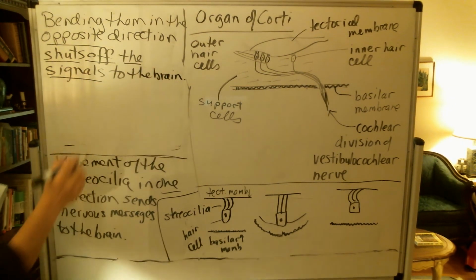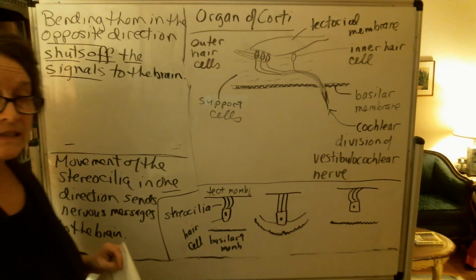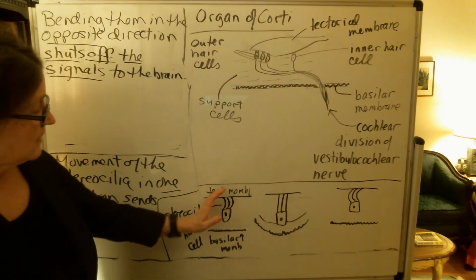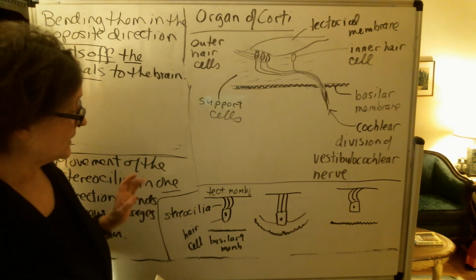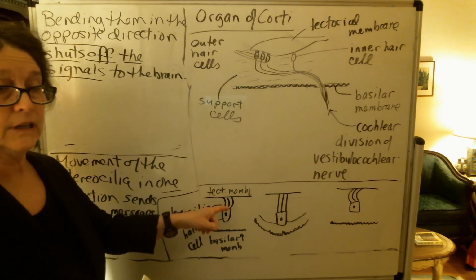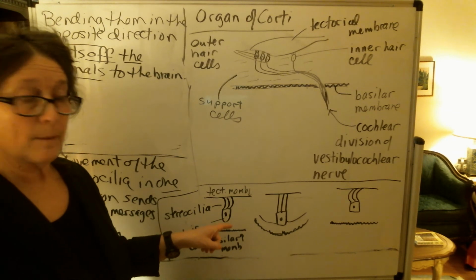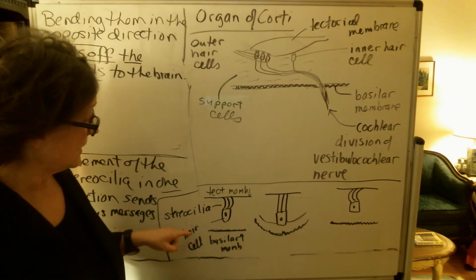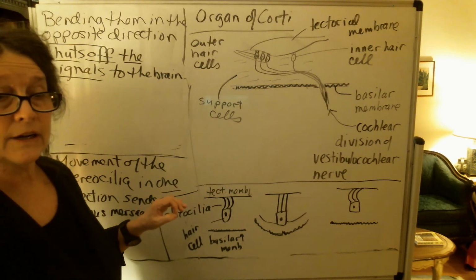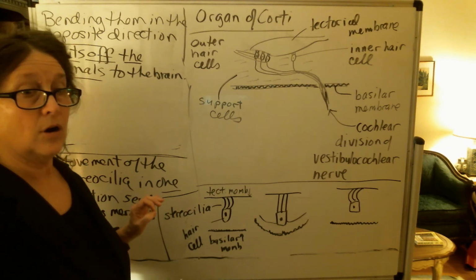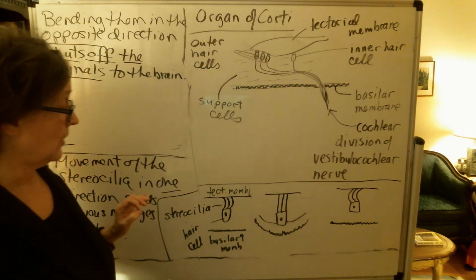So what this means then is that you will have different frequencies of these on-off signals. Remember, bent in one direction, basically this little cell here tells the brain, I'm on. Bend the hairs in the other direction, and it says, I'm off. Or rather, it simply is off.